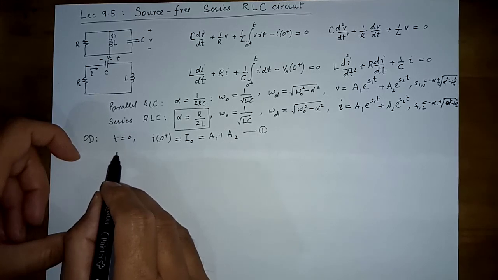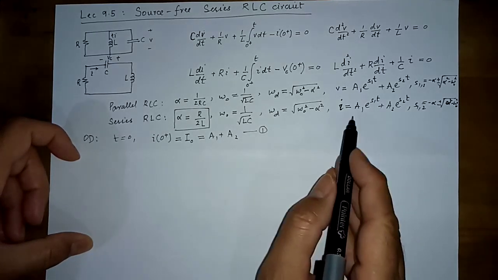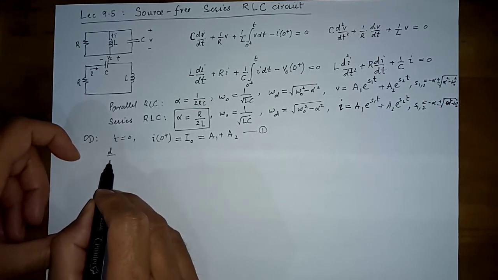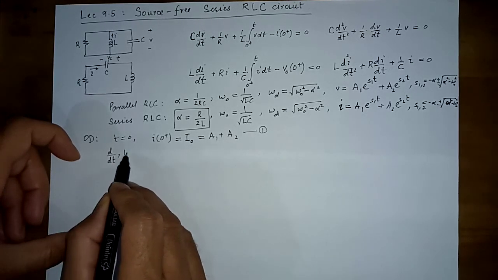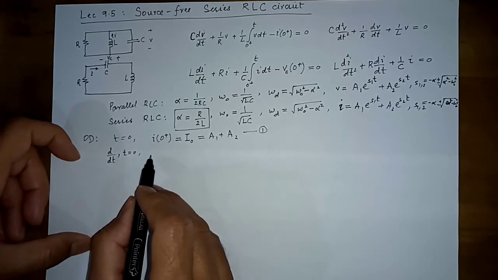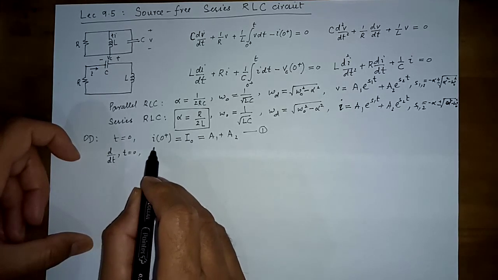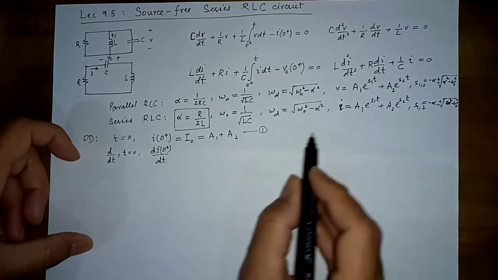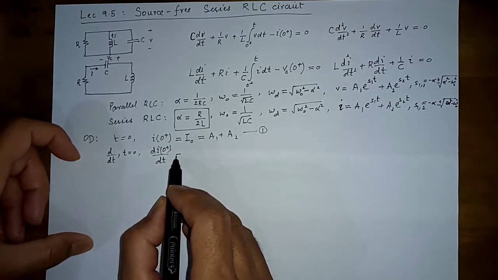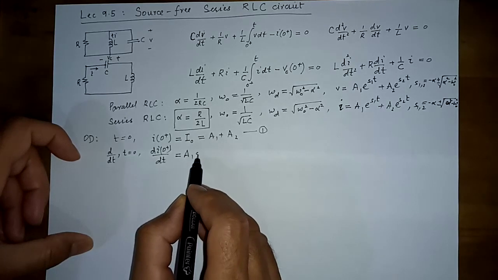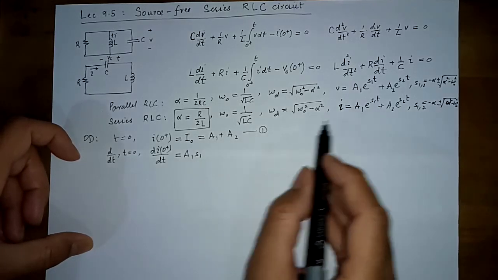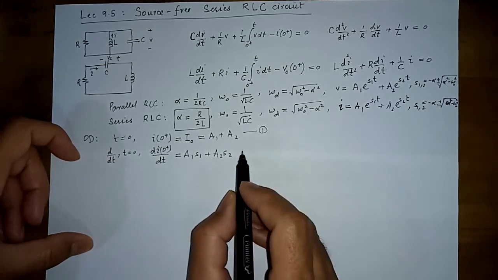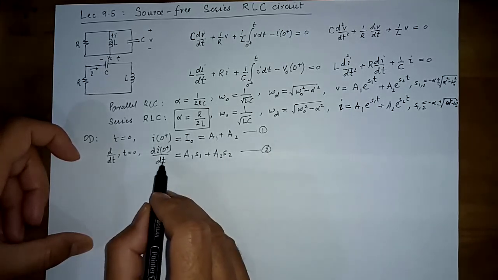And now if we take the derivative of this and then put t equal to 0, we are going to get di by dt at 0 plus equal to A1 s1, since putting t equal to 0 makes that exponential term 1, plus A2 s2. And the question is, what is di by dt?